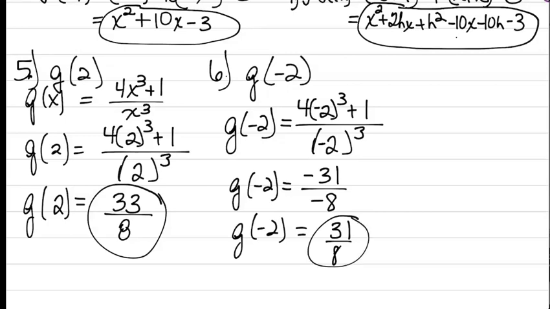So that one's finished. The reason for showing both the g of 2 and the g of -2 side by side is so that you can see that even though the sign changed for the x, that doesn't automatically mean that your answer for y is just going to change by the sign. Okay? You have to go ahead and put it in.